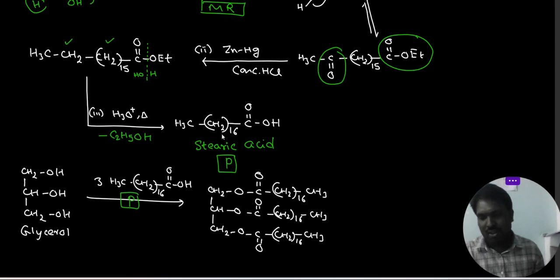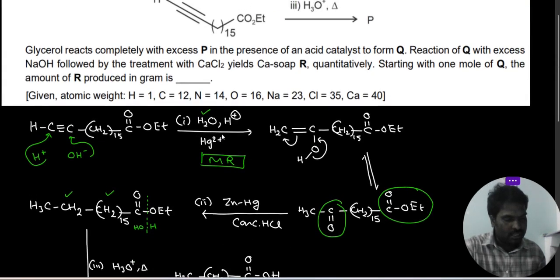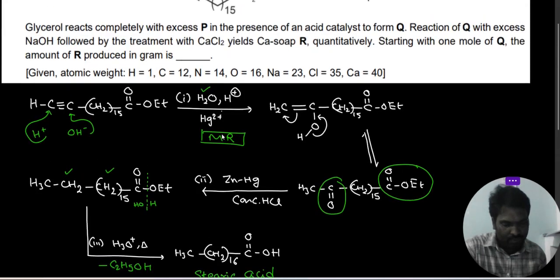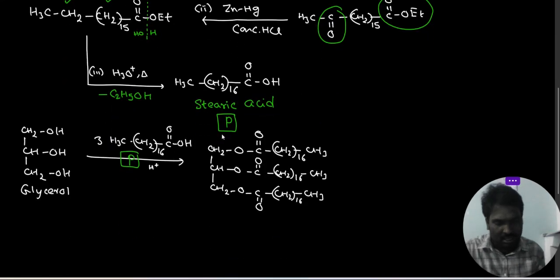This is a triester of glycerol. This is compound Q. This reaction takes place in the presence of an acid catalyst to form Q, the triester of glycerol. Understood? This is Q.